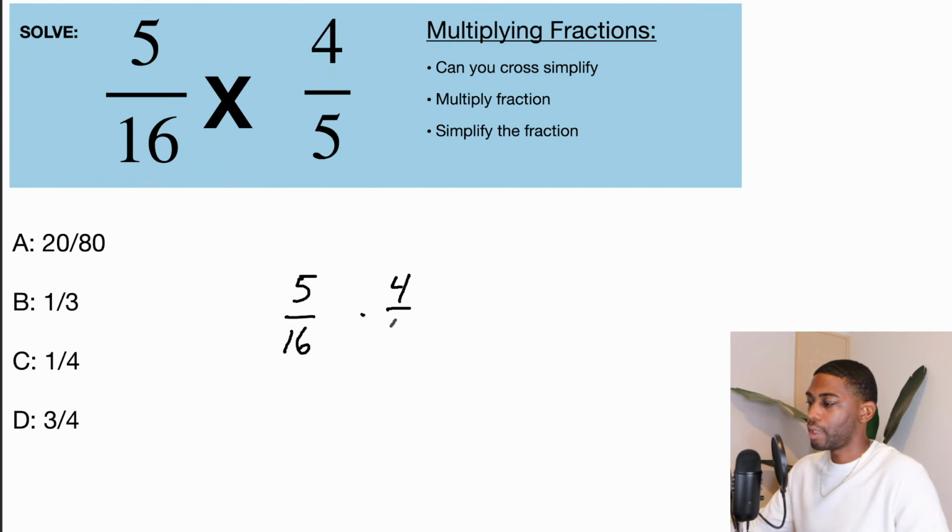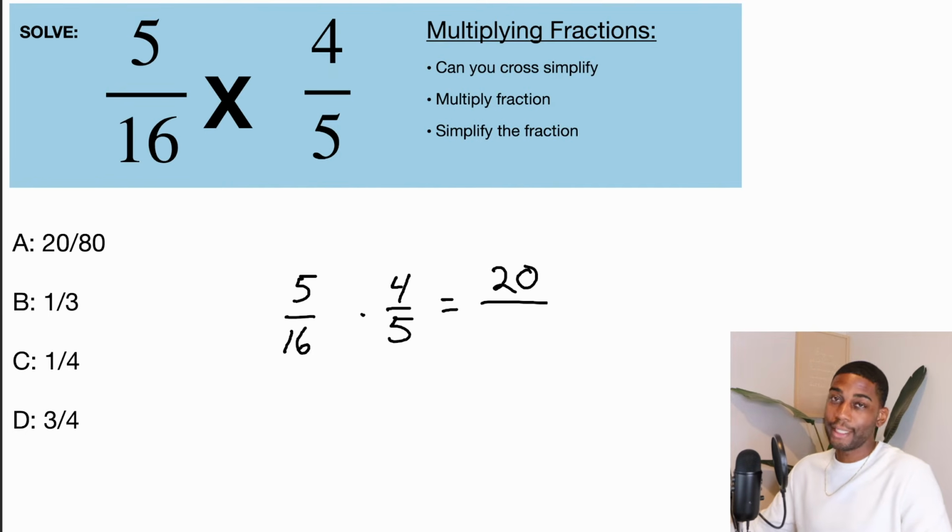If we just jump straight into this, 5 times 4, we know is 20. We can do that one pretty easily. And then we would have to do 16 times 5. If you can do 16 times 5 in your head, then great job. But for a lot of people who struggle with these type of questions, this is where you would have wished you cross simplified, right? 16 times 5, maybe you might have to write that over here.